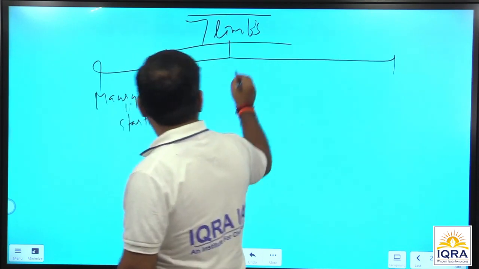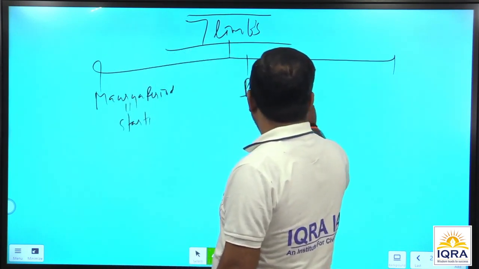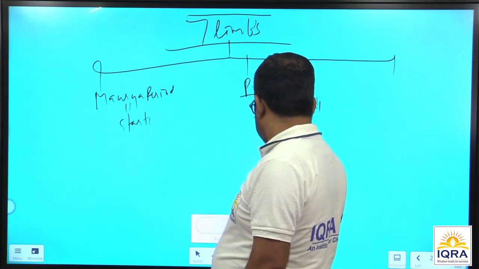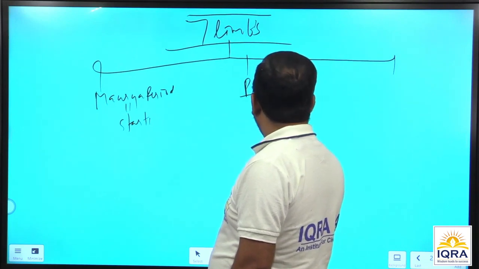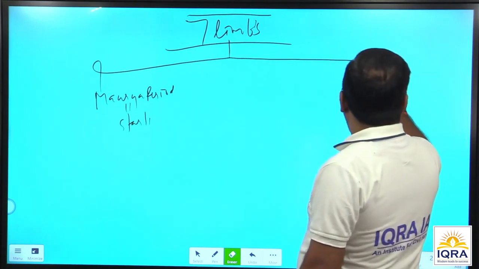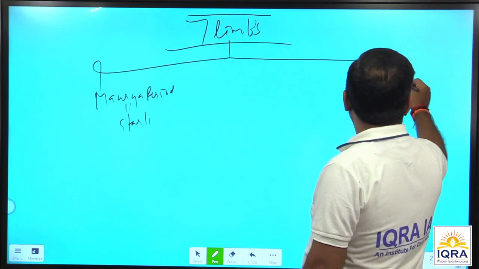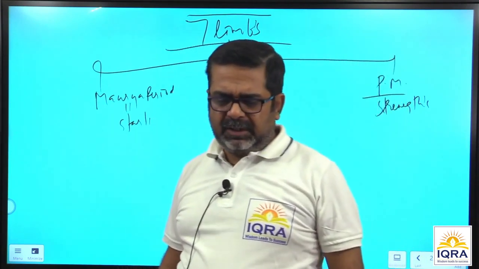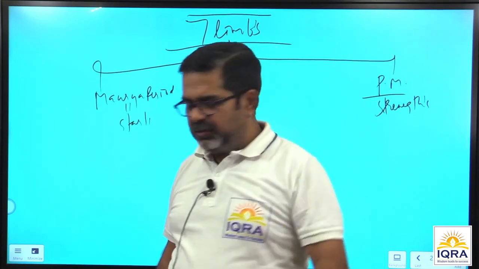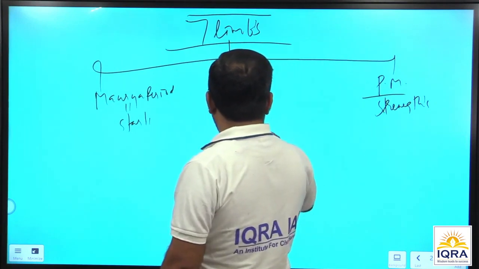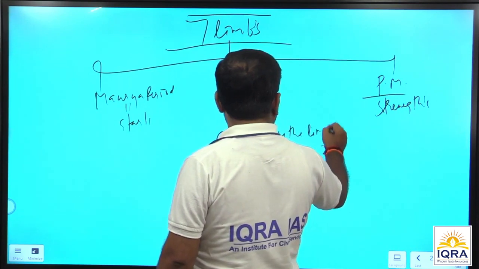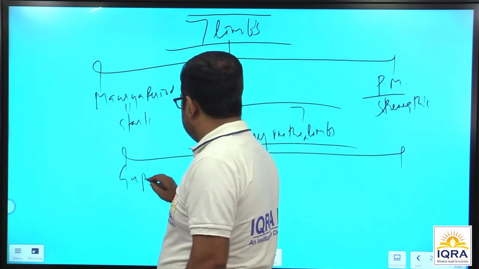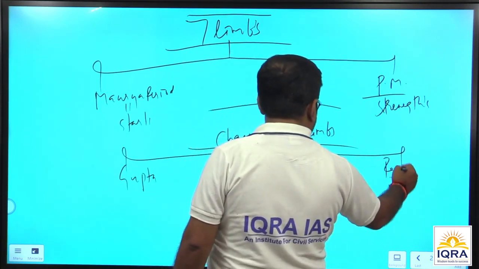The seven limbs start from post Maurya, post Maurya strengthens, then changes in the 7 limbs from Gupta to post Gupta to Rajput period.